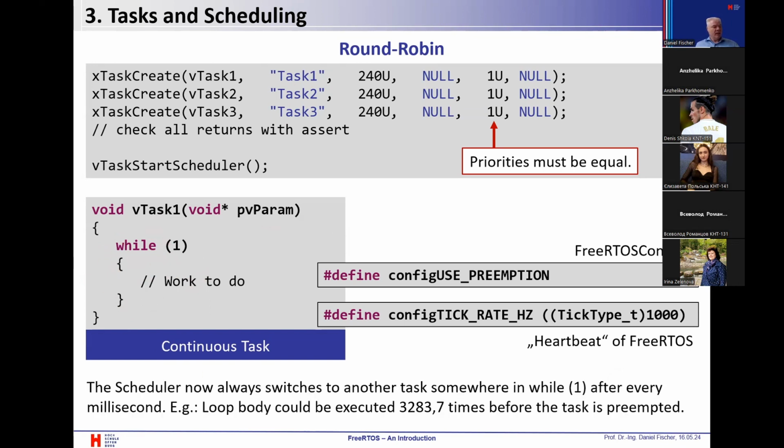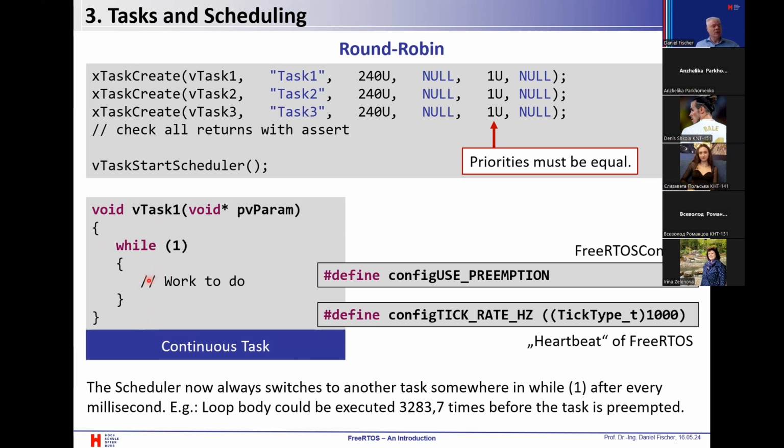And it can happen now that a task is running maybe a really large number of loop counts where this task is executed, and somewhere inside it's preempted.